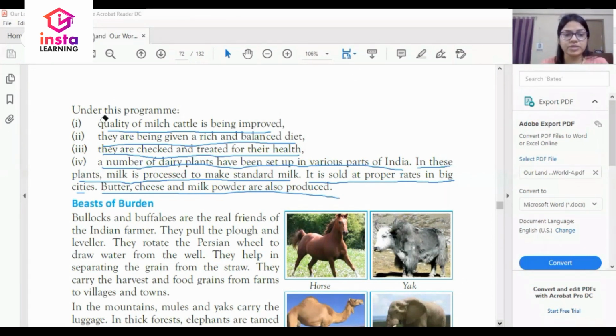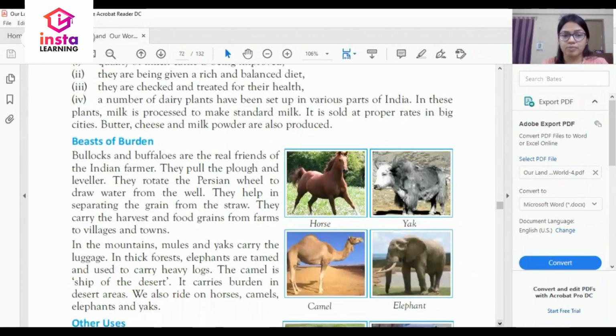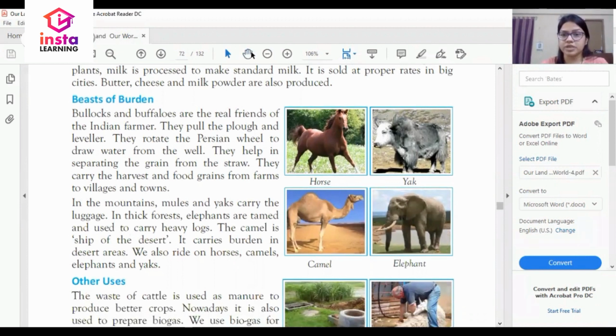So let's discuss the beast of burden. Bullocks and buffaloes are real friends of Indian farmers. They pull the plough and levers. They rotate the Persian wheel to draw water from the well.